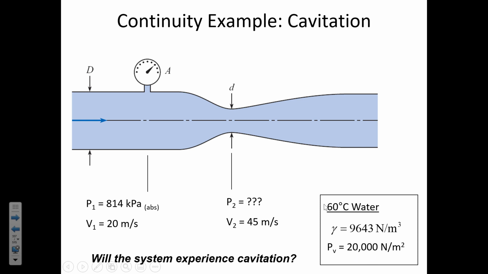So the vapor pressure of water at 60 degrees is 20,000 pascals. If P2 is less than 20,000 pascals, then we will have cavitation at this downstream location. So I'd like you to tell me, will the system cavitate or not by finding P2?